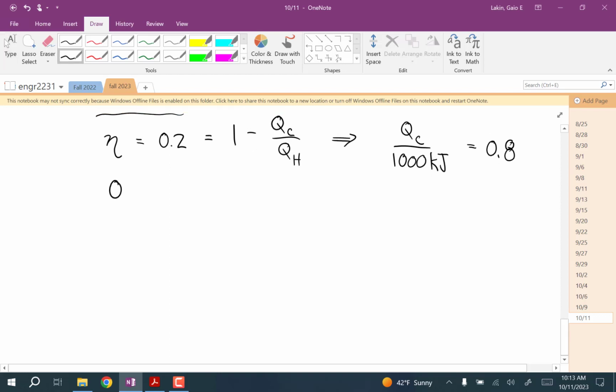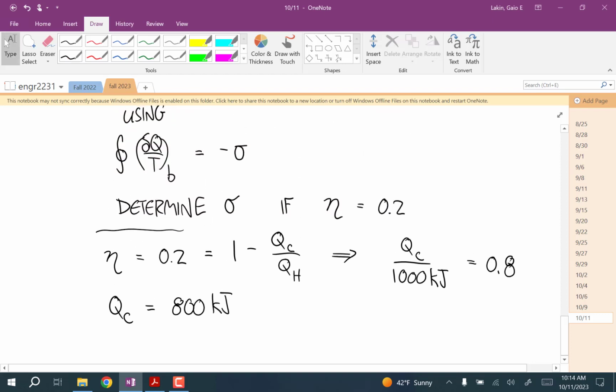And so we know that QC is equal to 800 kilojoules. Okay? Are you with me on that? So based on the definition of the efficiency, we can calculate that heat transfer at the cold reservoir.